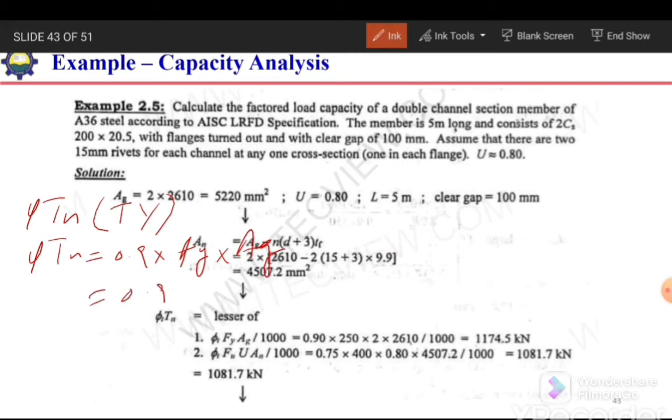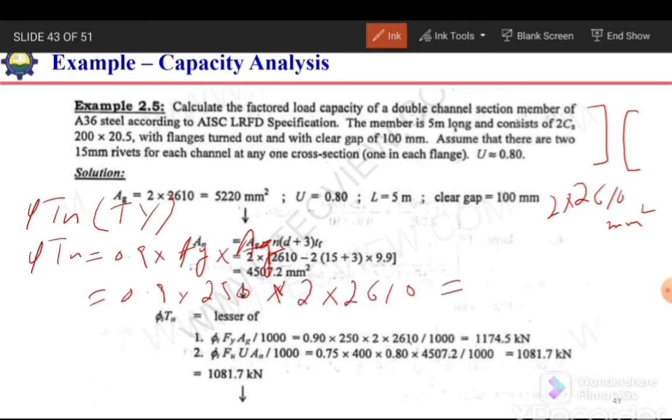So Fy is 250 and Ag is the gross area of the section. For a single channel section we have the area 2610 millimeter square. As we have a double section, its area will become twice, so 2 times 2610. It will give us this phi Tn.